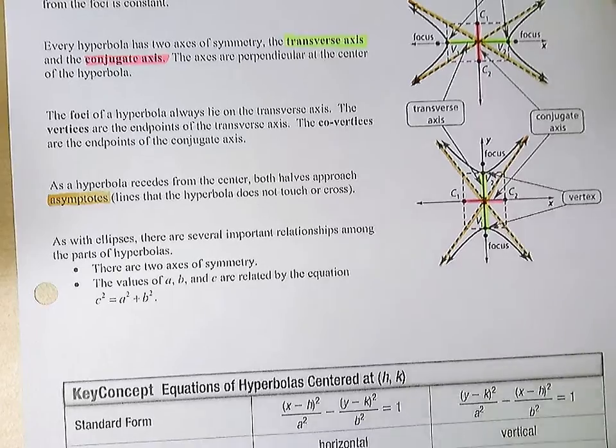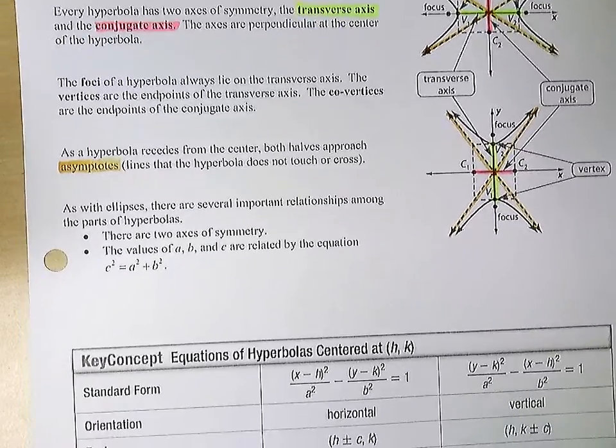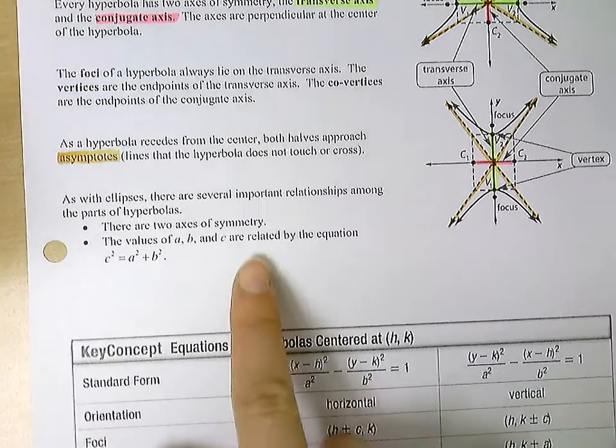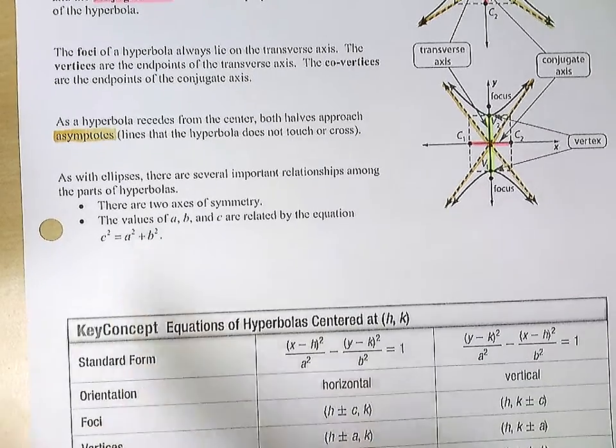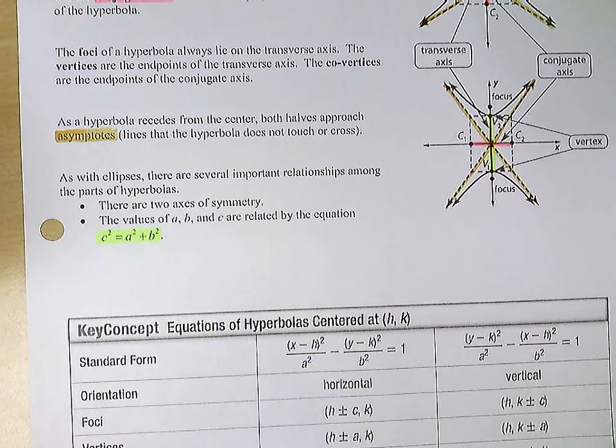As with ellipses, there are several important relationships among the parts of hyperbolas. There are two axes of symmetry: your transverse axis and your conjugate axis. The values of A, B, and C are related by the equation C squared equals A squared plus B squared. In your ellipse, it was A squared minus B squared. In your hyperbola now, it is A squared plus B squared.